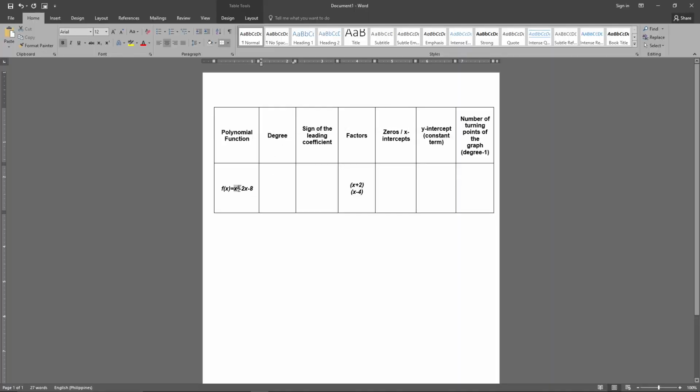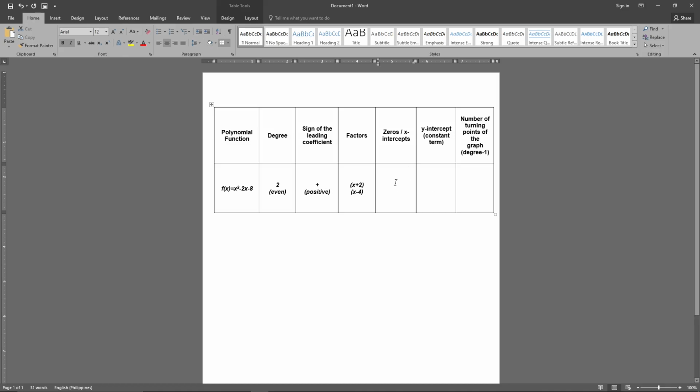Based on the coefficient, we have an exponent of 2, which has a degree of 2, which is of course even. Next is the sign of the leading coefficient. That's positive, since there's no negative.